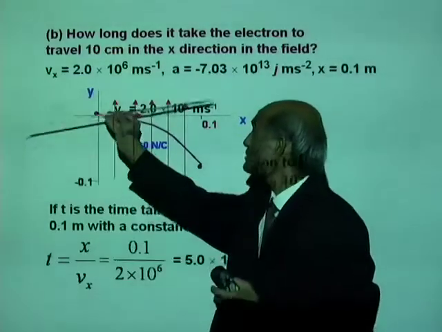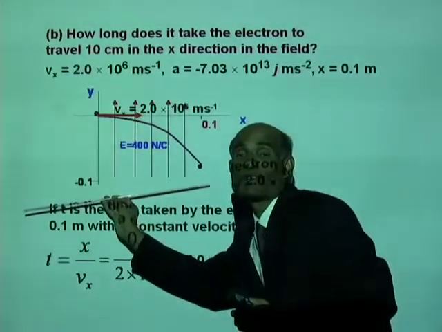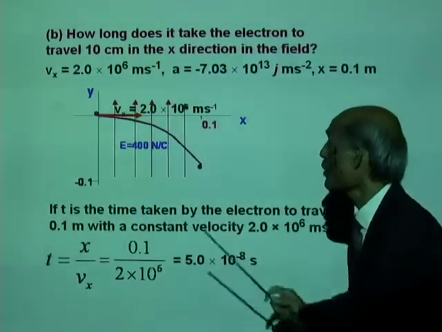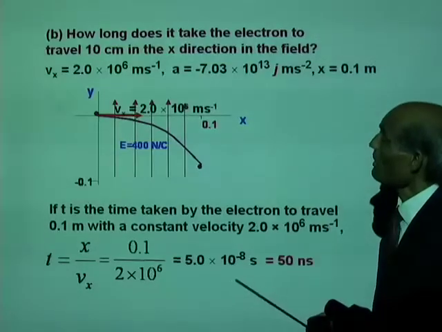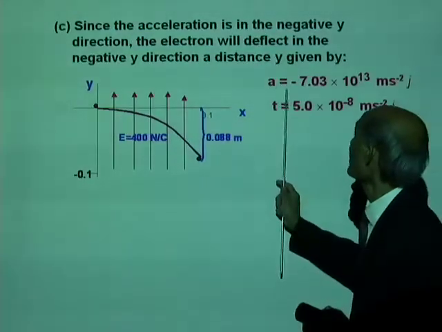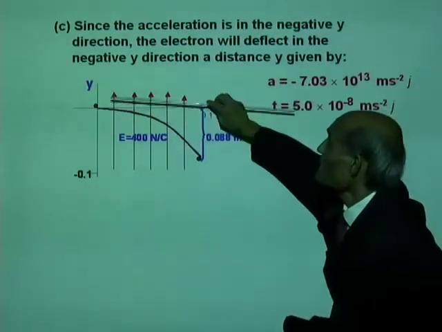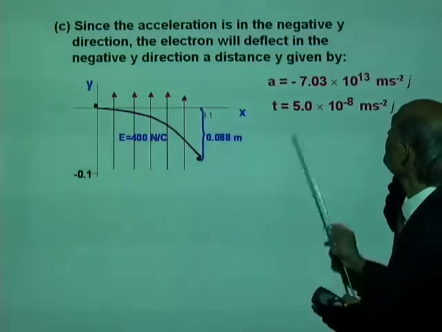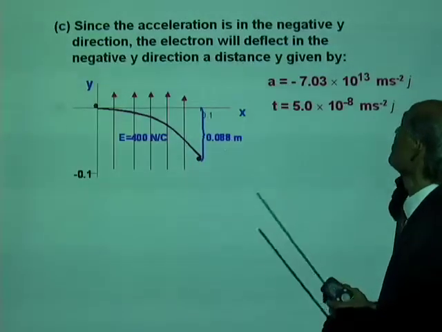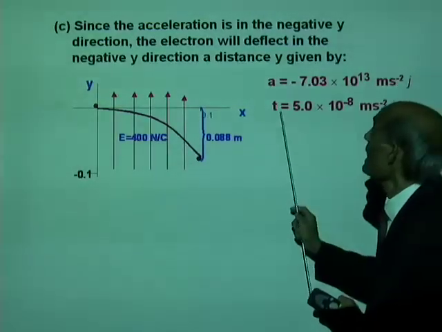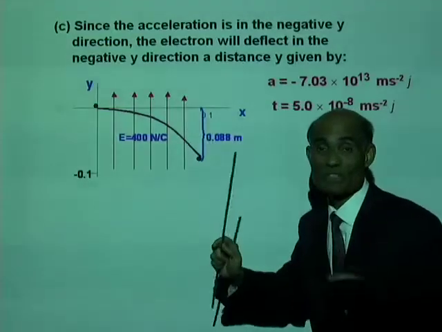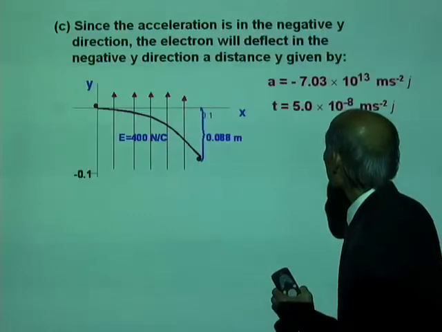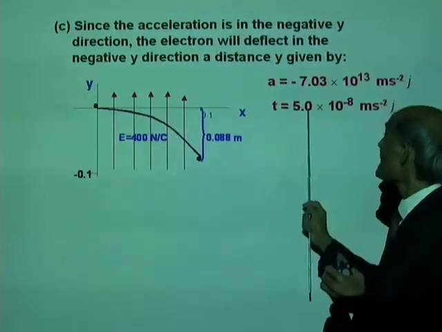During that time, the electron is falling vertically. We need to find that vertical fall. What is the vertical fall of the electron? Okay, so the downward acceleration of the electron is negative 7.03 times 10 to the 13 meter per second squared J, and the electron has been traveling for this many seconds.